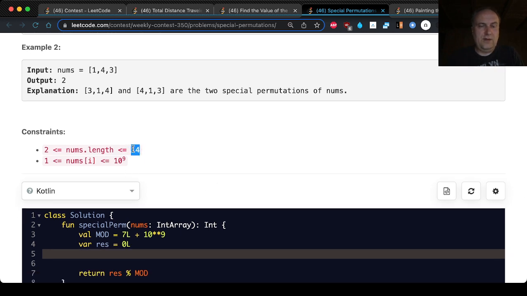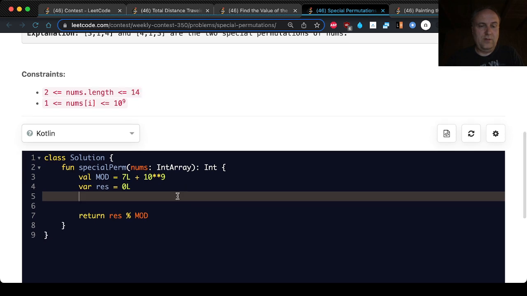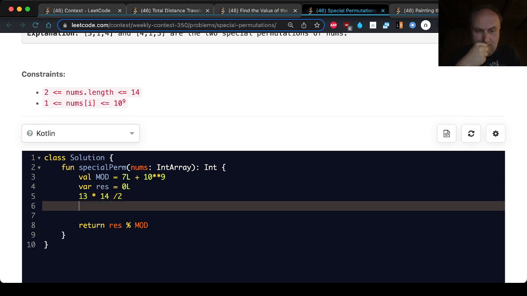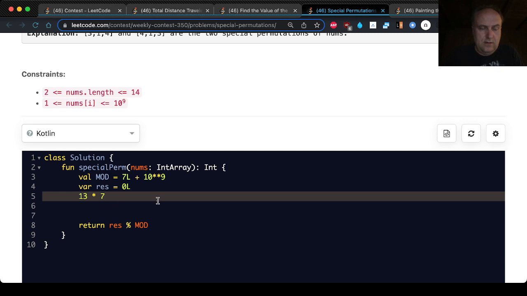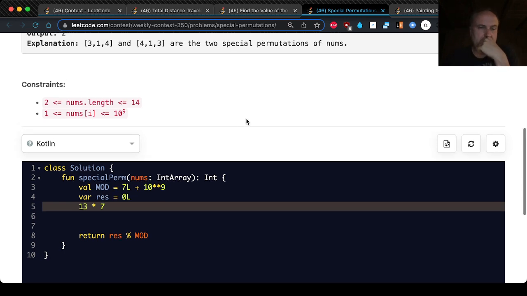So if there are only 14 numbers at maximum, so 14 numbers times 13 times 14 divided by 2, so that's 7. So 7 times 13 possibilities.